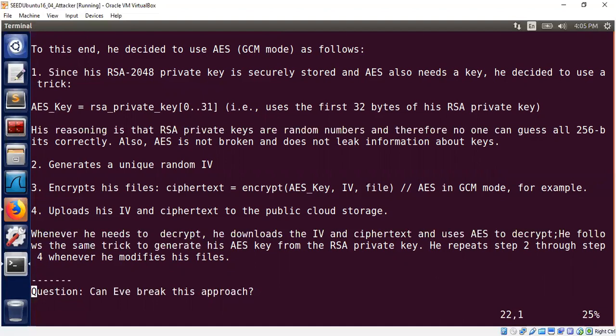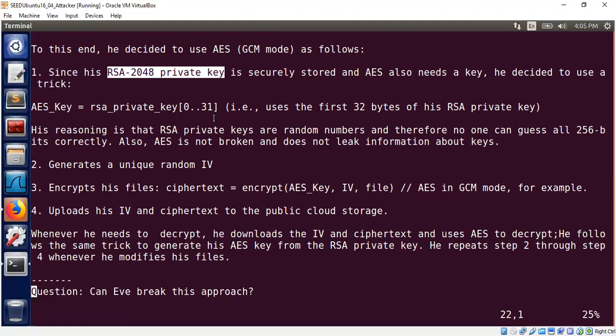Because one number, the RSA 2048 private key itself, is a random number, and you are deriving another random number. In this case, it is basically chopping off the first 32 bytes of the RSA private key and treating that as the AES key. It looks reasonably okay at the highest level when you reason about it.